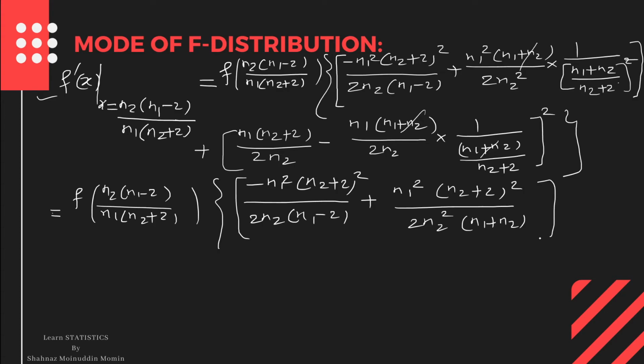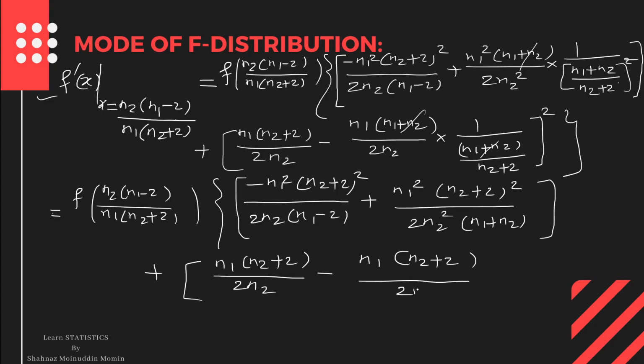This is the first bracket, and in the second bracket n1 (n2 plus 2) by 2n2 minus n1 into (n2 plus 2) divided by 2n2 whole square. This is the second bracket.